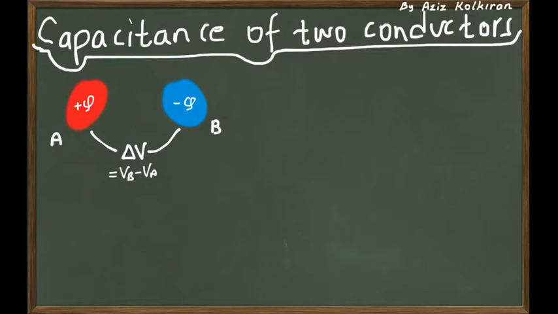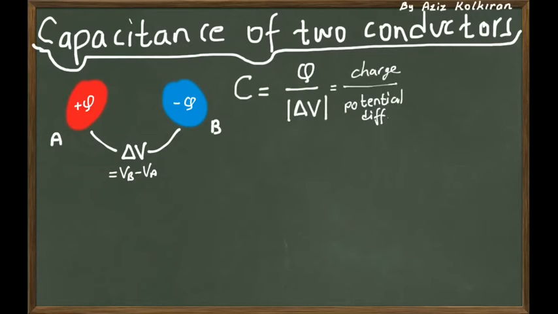So we define the capacitance of two conductors as the charge of one of the conductors, Q, not the total charge. If you look at the total charge, it is 0. Plus Q minus Q is 0. In the numerator we have the magnitude of the charge of one of the conductors, Q, divided by the potential difference between them. This is the definition of the capacitance of two metal objects.